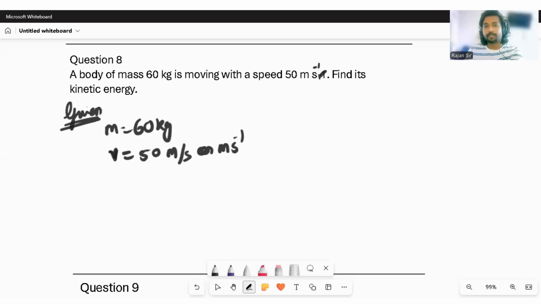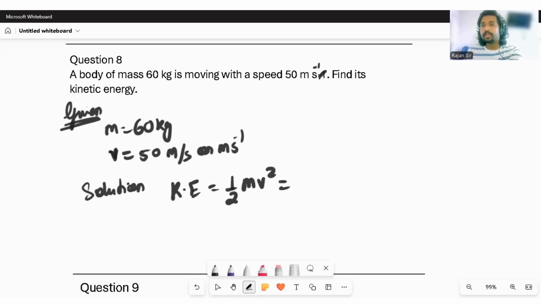Solution. So you have to find the solution. Now remember, kinetic energy depends on mass and velocity only. So we have the formula kinetic energy is half mv square. Put the value, we have half, m is 60, v square is 50 square. So make sure you do this. So we have half into 60, 50 square is 25 and 0, 0.